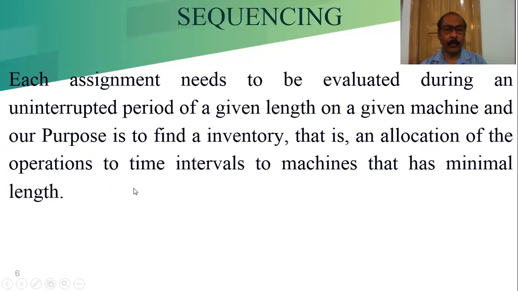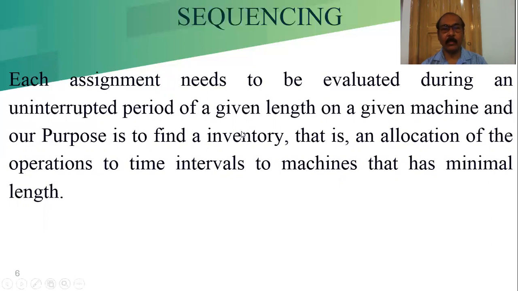That means, to complete all the jobs passing through all the machines, whatever time is needed to execute all the jobs, that is the length of time, called the elapsed time. And during the process, if a machine is idle, we have to find the idle time. That idle time we have to minimize also. That is the basic objective of the sequencing problem.